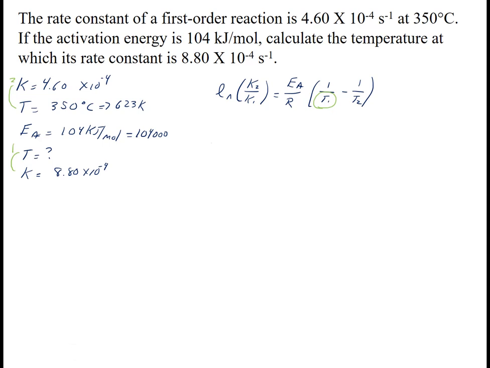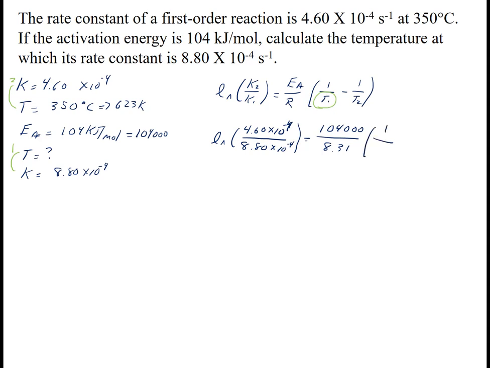Okay, so I have natural log of K2, which is my 4.60 times 10 to the minus fourth, divided by 8.8 times 10 to the minus fourth, is equal to 104,000 divided by 8.31.